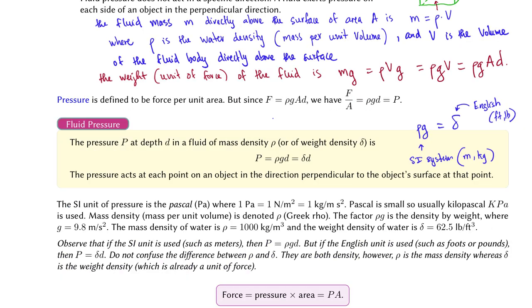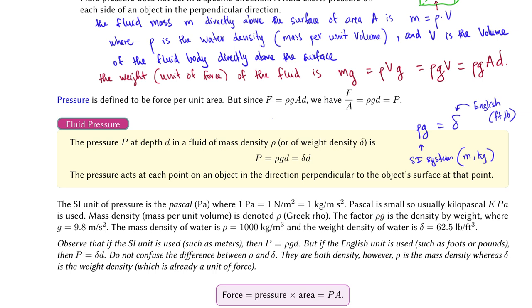The SI unit of pressure is the Pascal, Pa, where 1 Pascal is 1 Newton per square meter, or 1 kilogram per meter second squared. Pascal is small, so usually kilopascal is used. Mass density, the mass per unit volume, is denoted rho, the Greek letter.